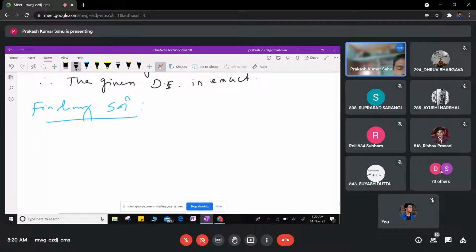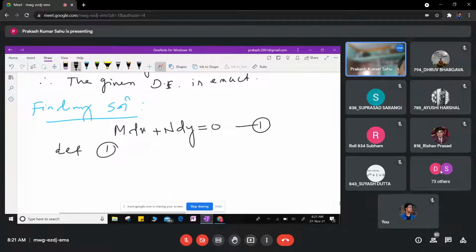So let us say, suppose your differential equation is m dx plus n dy is equal to 0. This is the given differential equation, equation 1. Let this differential equation be exact.